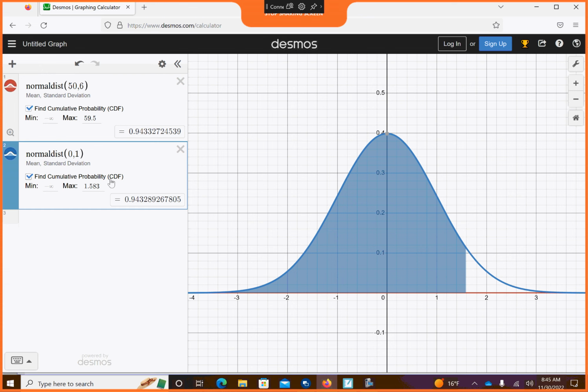That would mean somebody with a 109 IQ would be at the 72.6 percentile. That's the percent area under the curve to the left.